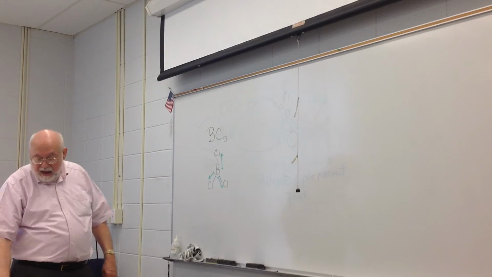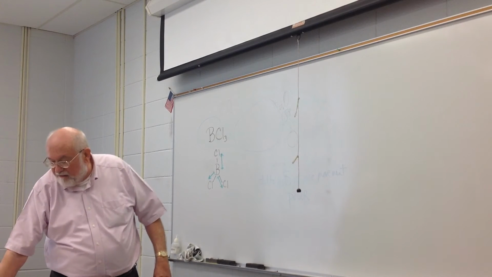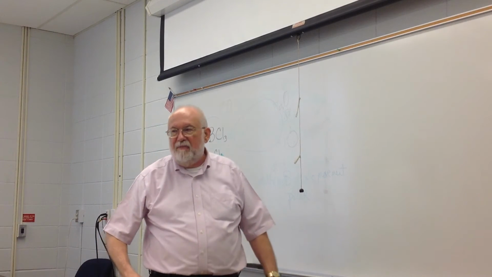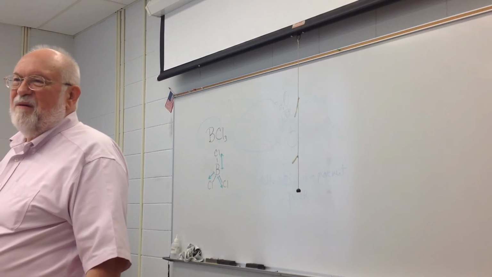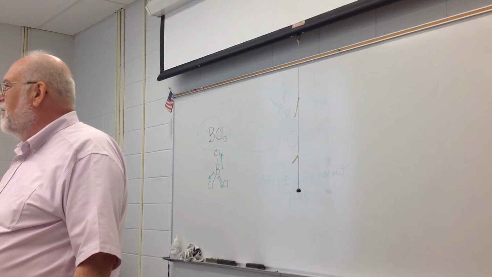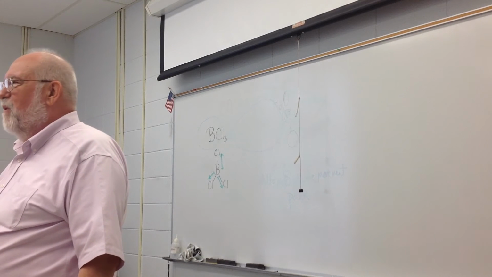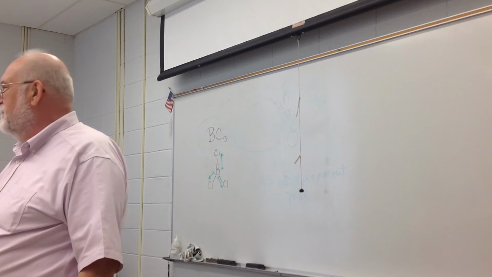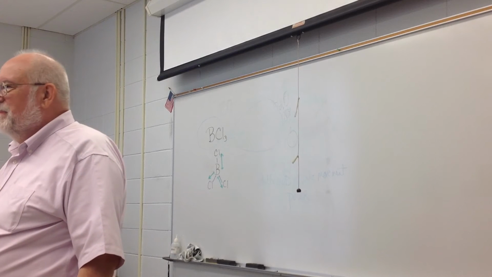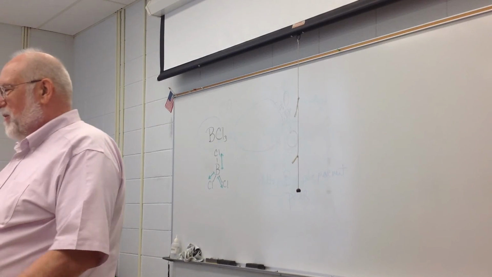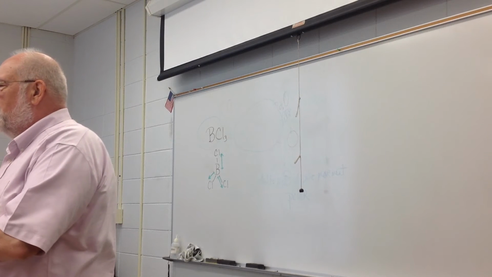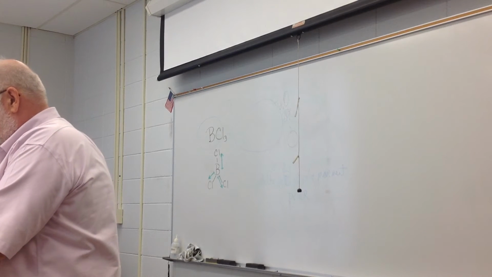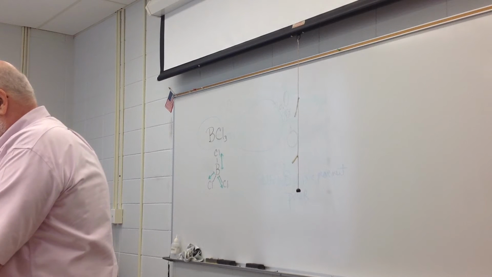Now, I need 3 volunteers this time. Come on. Okay, there's 2. 1 more. Thanks for being a good sport. Now, we've got to get 2 in front. I'll have to get the angle set here.